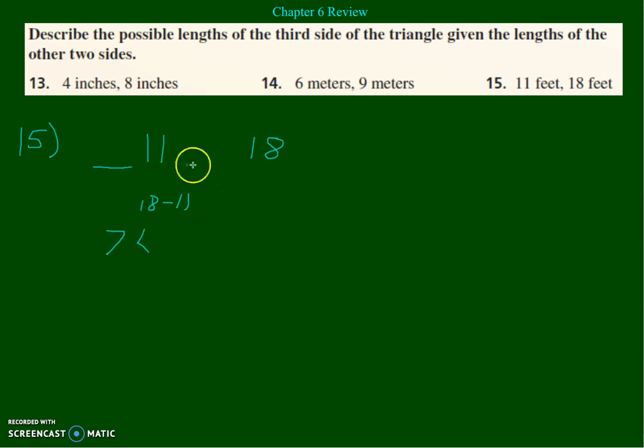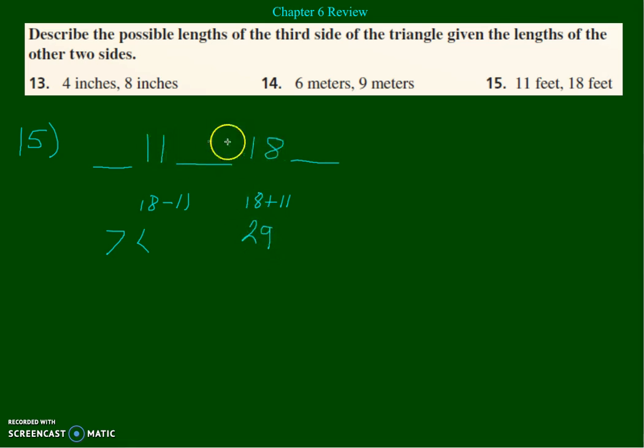And a number between 11 and 18 would also work. But so would a number greater than 18. So we've got to figure out where that number resides. And we just add these two values together. And 18 plus 11 gives us 29.